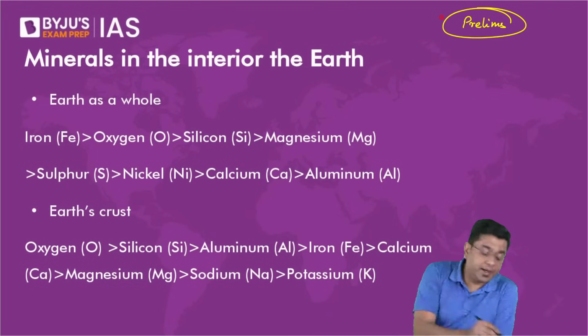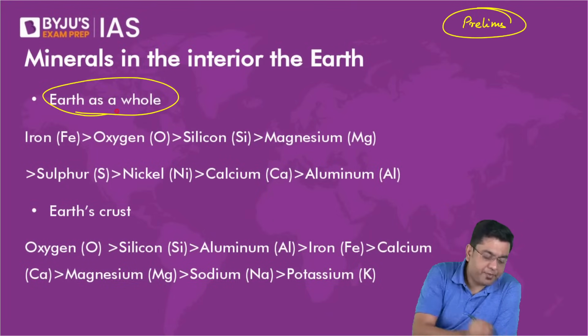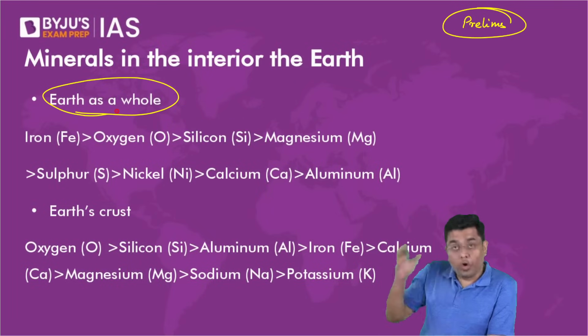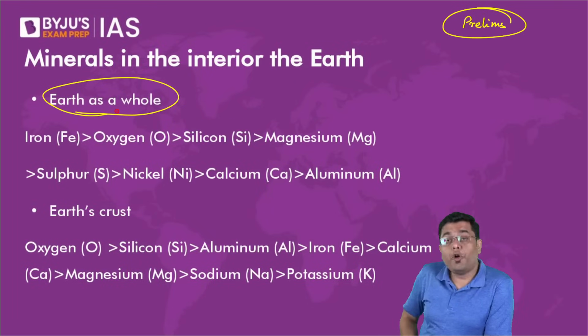When you consider earth as a whole object, iron is the most abundant element, followed by oxygen. And we are not talking about the atmosphere here, we are talking about the earth. How is it that oxygen is so abundant? Oxygen, after all, is a gas.